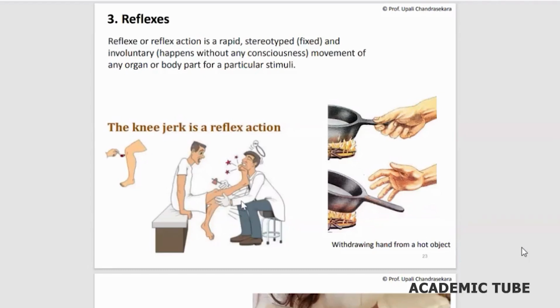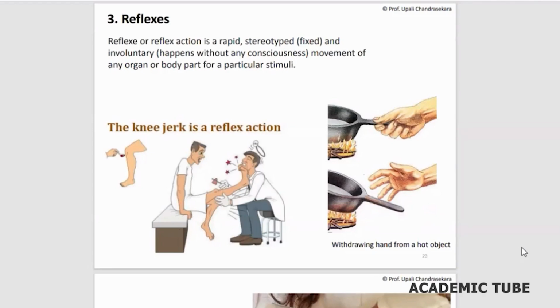Now the doctor asks the patient to sit on a bench, with one leg over the other. Just below the knee there is a ligament. I cannot show you that, right? The doctor has a small rubber hammer and hits it, not that hard.